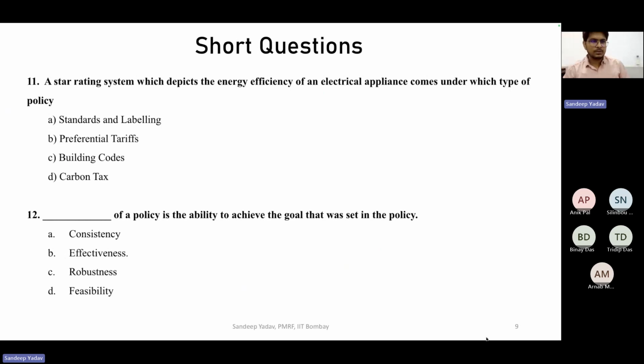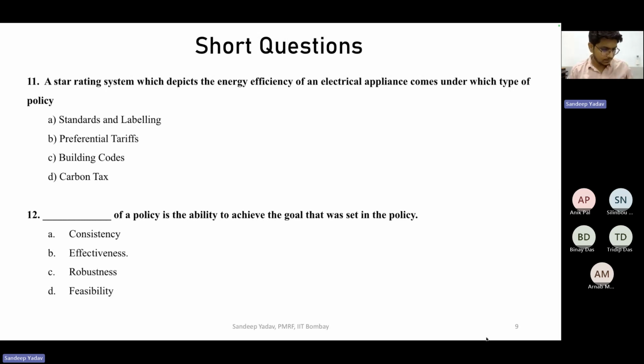Now moving to question number 11. A star rating system which depicts the energy efficiency of electrical appliances comes under which type of policy? Standards and labeling, preferential tariffs, building codes, or carbon tax?